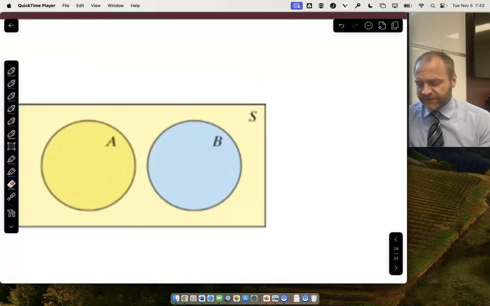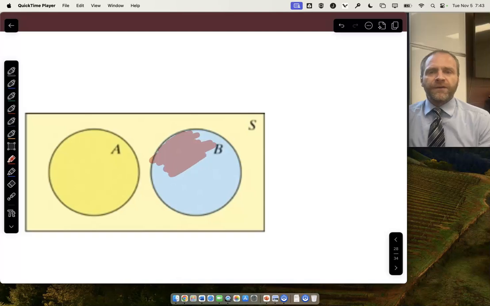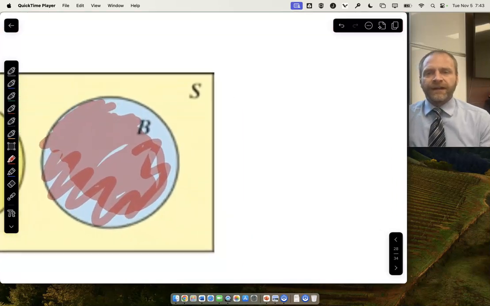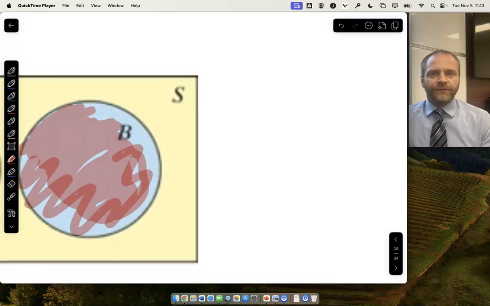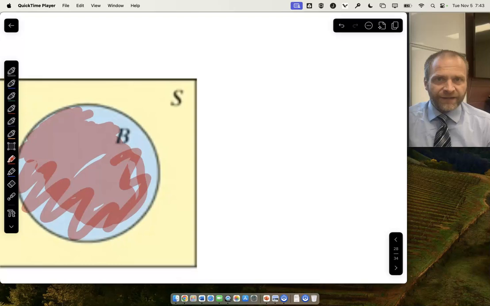If we look at this, given that this event occurred, so I'm only focusing on this part of my Venn diagram, only on event B. Given that this occurred, what's the probability, if I'm only focusing on that circle? You notice I got rid of the rest of the other circle. What's the probability of event A happening?